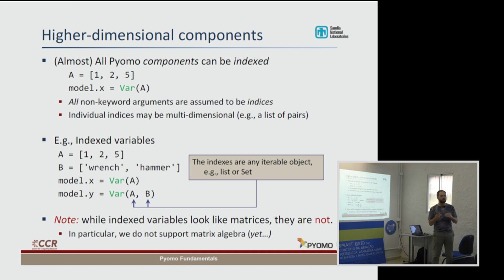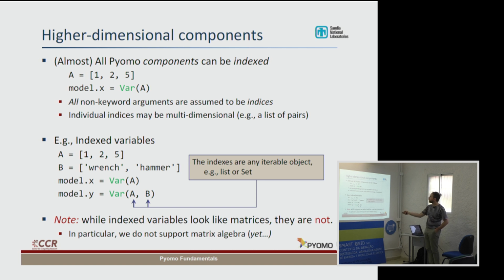All the components as we saw, expression, constraints, variables, parameters, can be indexed. The index is the objects I have in my problem. So when I write model.x equal var brackets a, and a assuming it's an index, it means that this line will actually create 3 variables indexed by 1, 2, and 5.